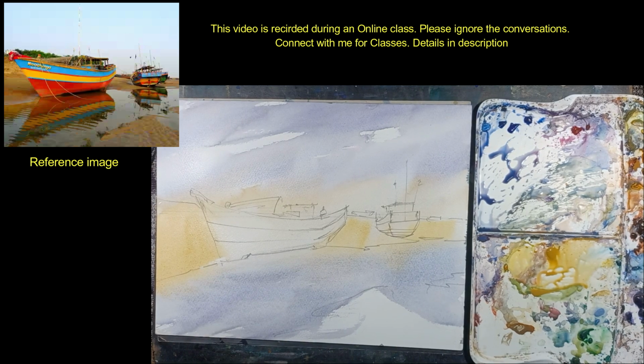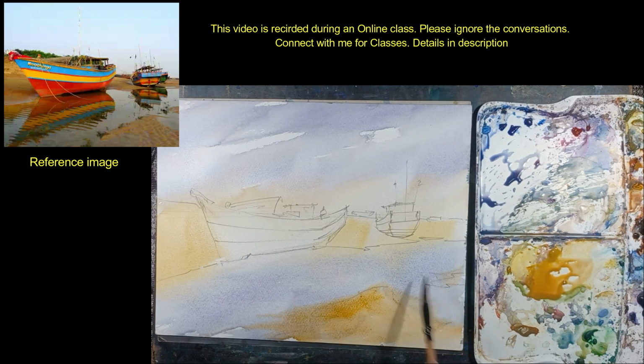Then again take yellow ochre and orange color in this portion, blend it, because this portion is ground. Wherever you see ground, you just put this.